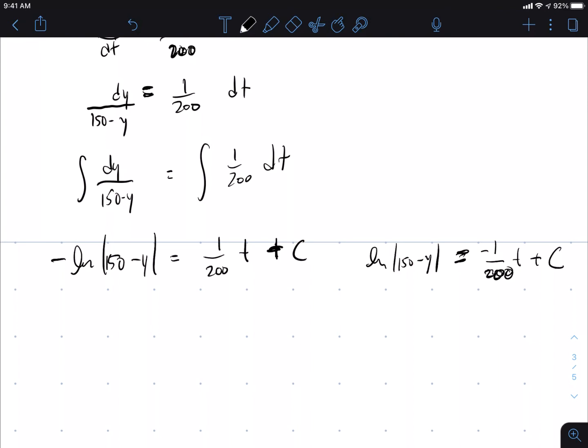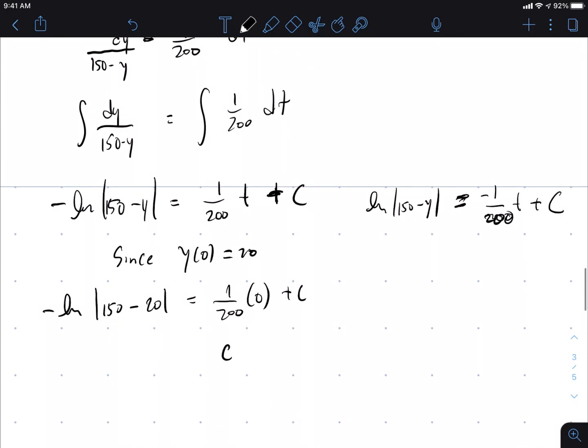Because the initial condition that was given to us was y of 0 is equal to 20, right? So if I plug in 20, I'm going to get negative ln of 150 minus 20 is equal to 1 over 200 times 0 plus some constant c.